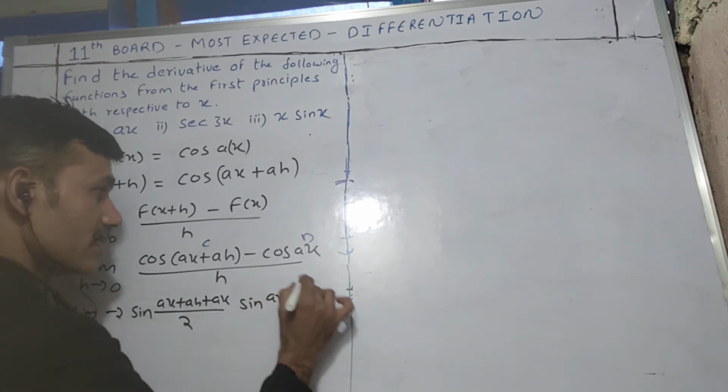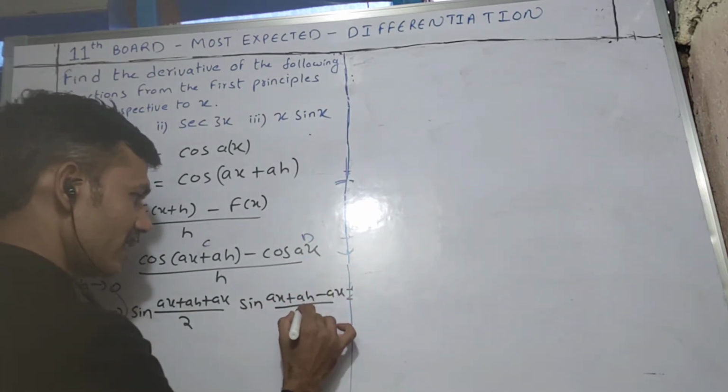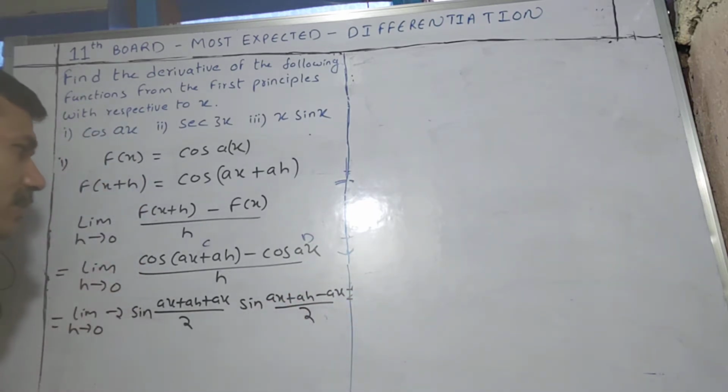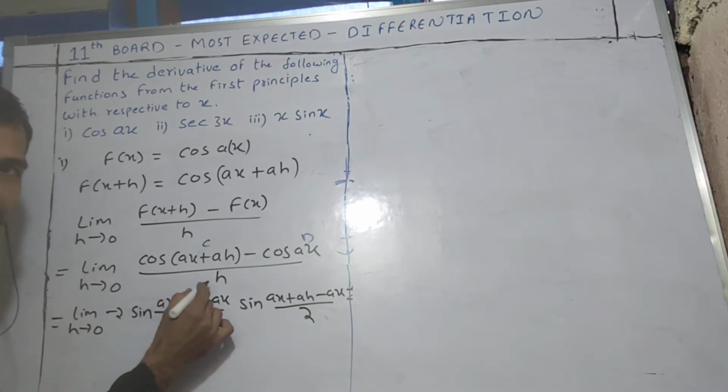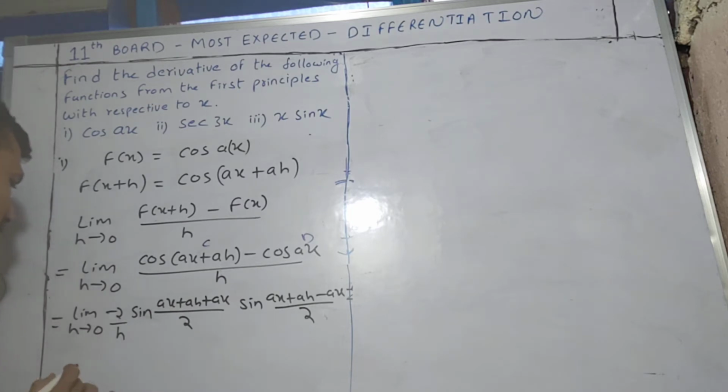Here c is ax plus ah, and d is ax. Now what is missing? h is missing. h you can write here or anywhere.